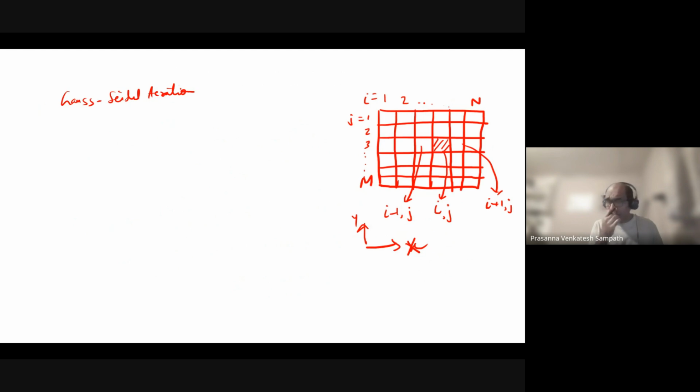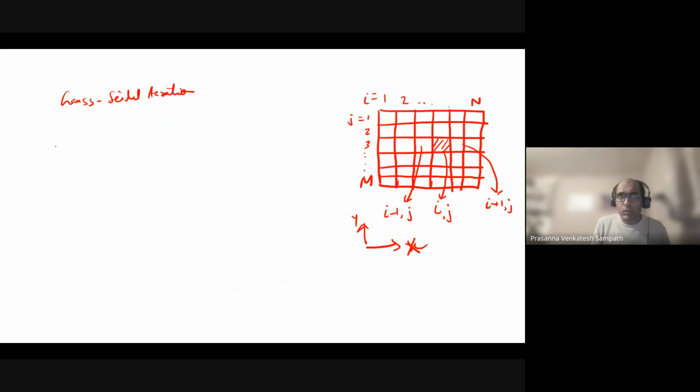Now, the next method, which we just briefly started talking about in the previous class, is the Gauss-Seidel iteration method. You might have already encountered this in some math course that you took. But anyway, let us just quickly go over what this method involves.